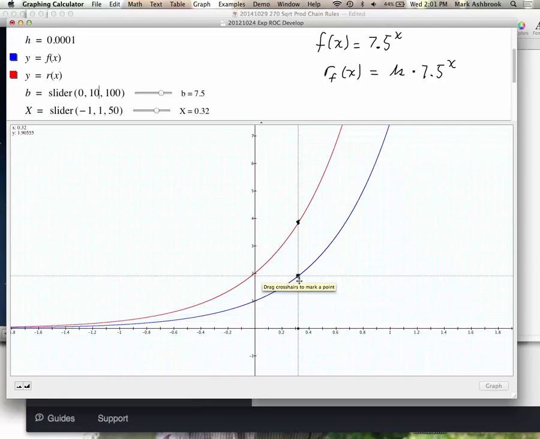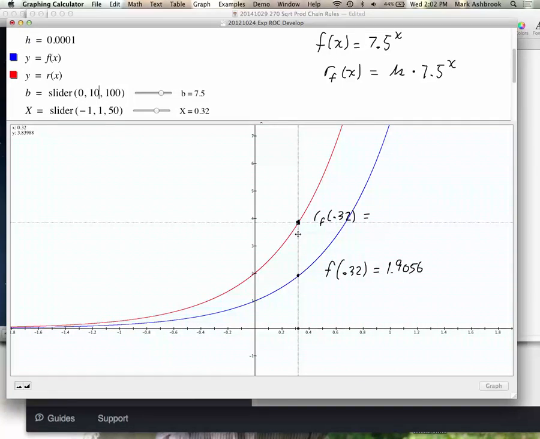1.90555. So f of 0.32 is 1.9055 or 56, and R f of 0.32 is 3.84 essentially.